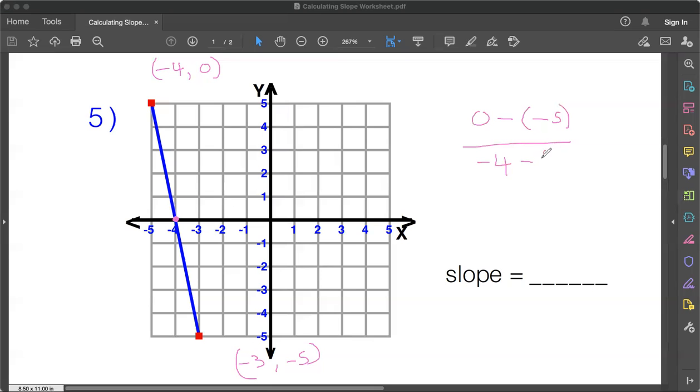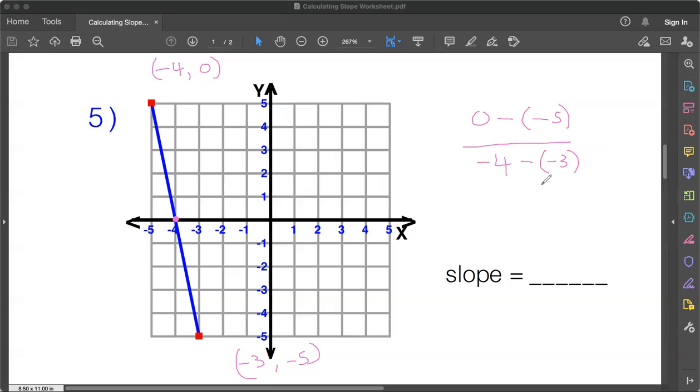Minus, open bracket, -3. Not going to be 9. I don't know why I made my error, but it's just 5 over 7.